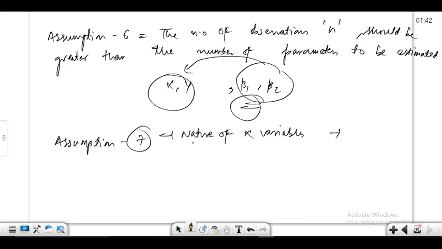You can't have the same level of weekly income and, based on that, estimate different levels of consumption of different families, because then you'll have the same types of families for that given income level, and that will give you the same result. You will not get a regression line, you'll just get a single point. In order to have a regression line, you must have different x values. That is why this assumption is important.